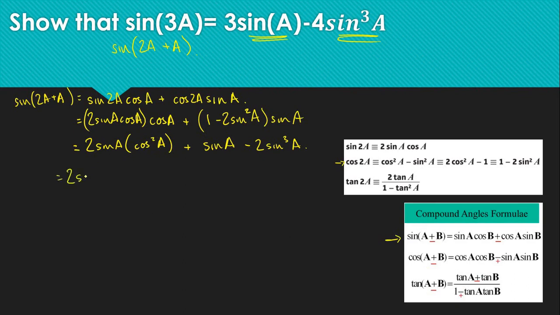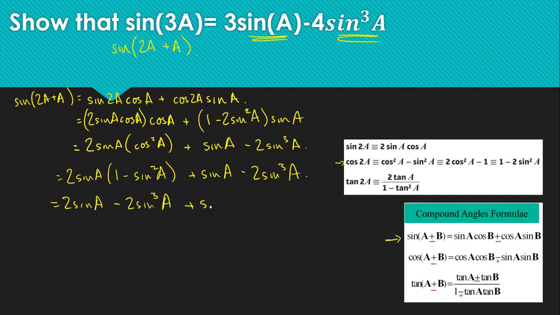So 2 sine of a, lots of 1 minus sine squared a, plus sine a minus 2 sine cubed a. And they are 2 sine a minus 2 sine cubed a, plus sine a minus 2 sine cubed a, and that comes out as 3 sine a minus 4 sine cubed a, which is what I wanted. Okay, I've got it.